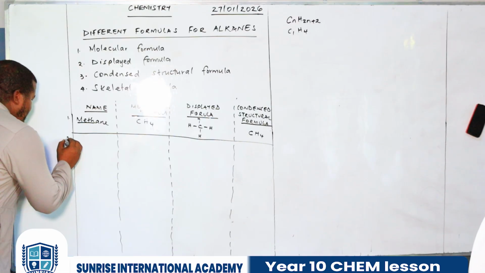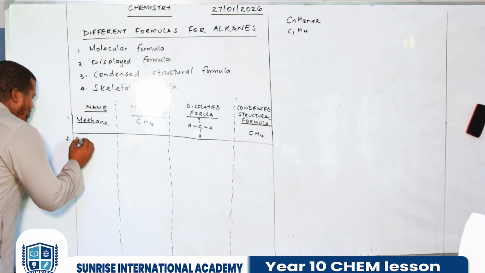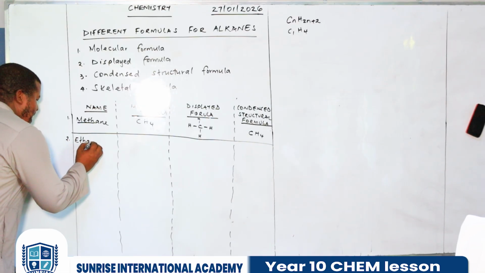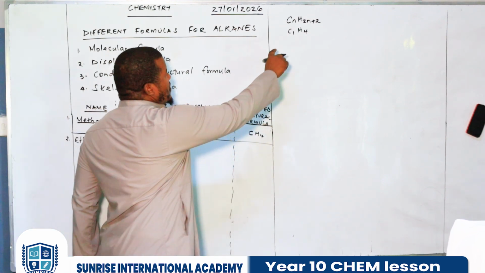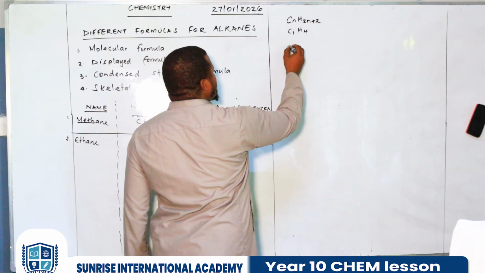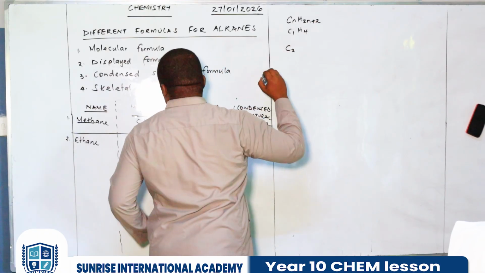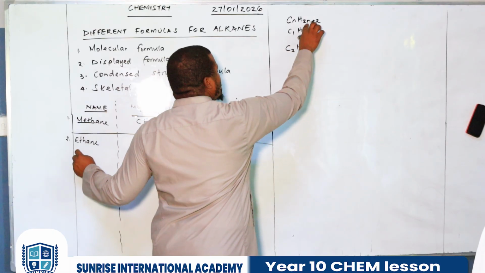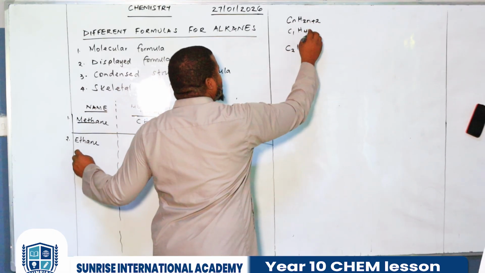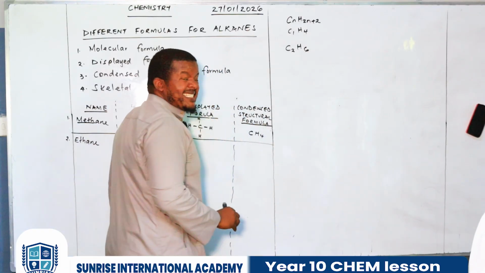Number 2, 2 carbon atoms, so ethane. The general molecular formula is CnH2n+2. So here we have C2 because of the 2 carbon atoms. H, 2 times 2, 4, 4 plus 2, so that means H6.